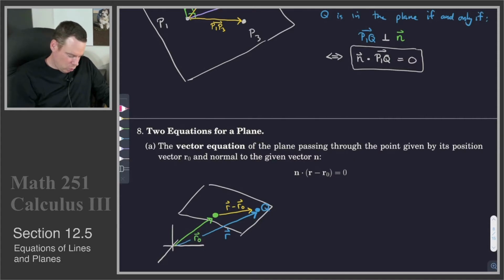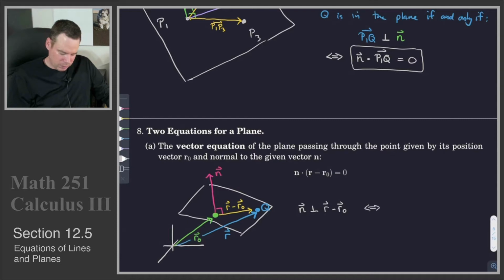If n is our normal vector to our plane, so there's our normal vector, then it has to be perpendicular to r minus r0. And so that's our equation, is that n has to be perpendicular to r minus r0 in order for r to be the position vector of a point in the plane.